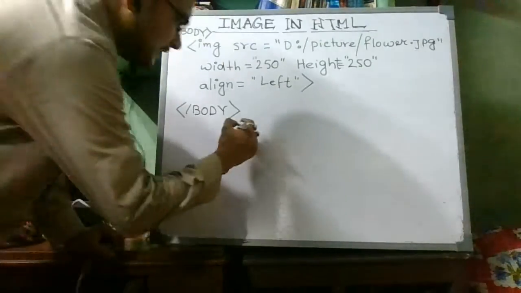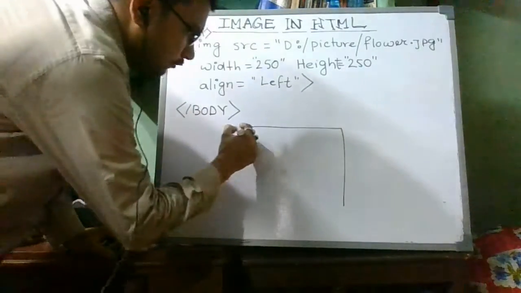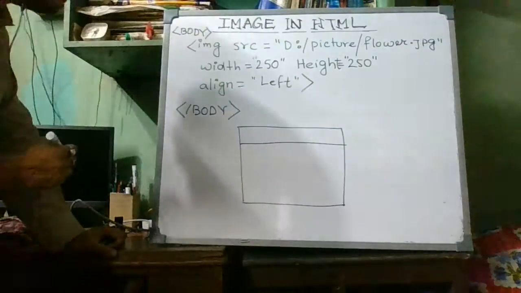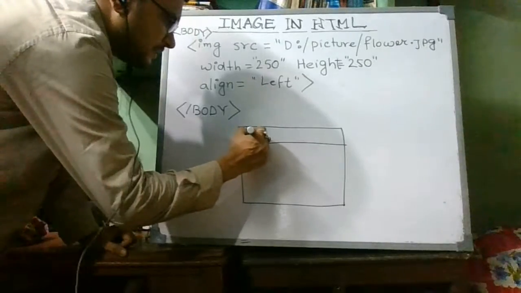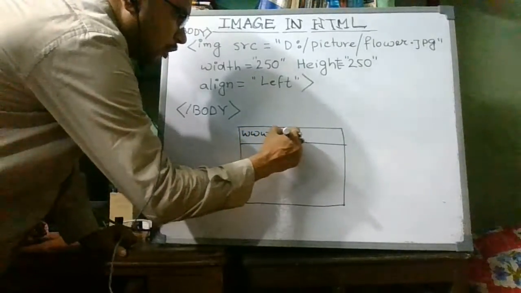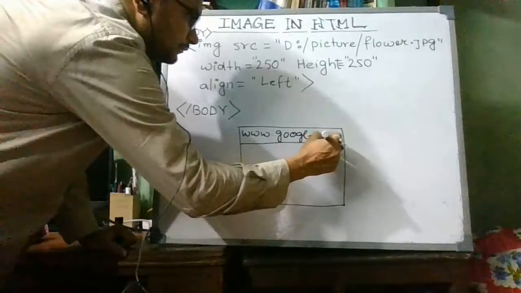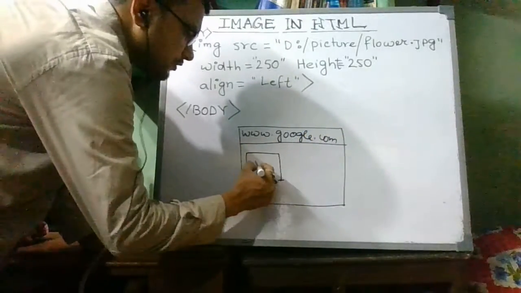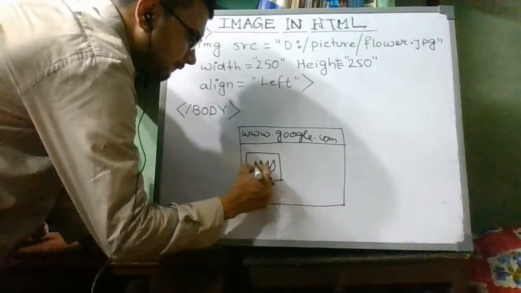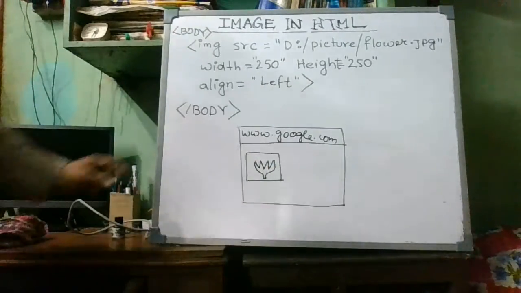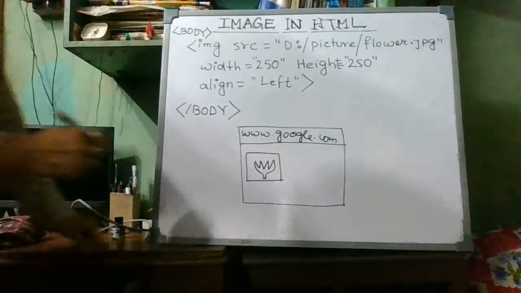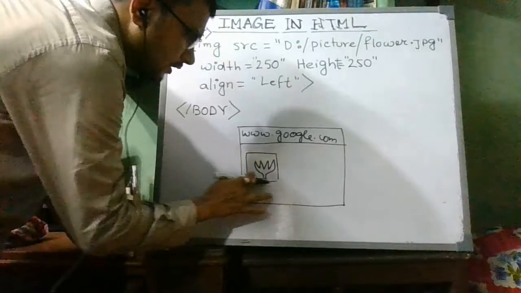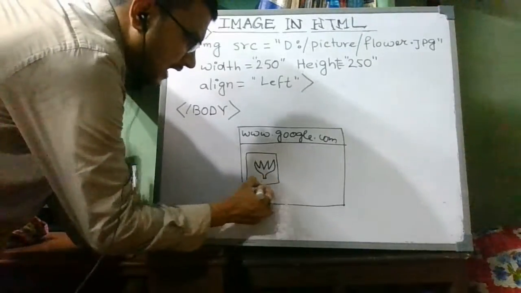If you write like this, and if we draw a mock, a dummy web page, suppose the web page name is www.google.com, then the image will be displayed here. Suppose it is a flower like this, so it will be displayed here, and it will be displayed like this, where it looks like width and height are the same.